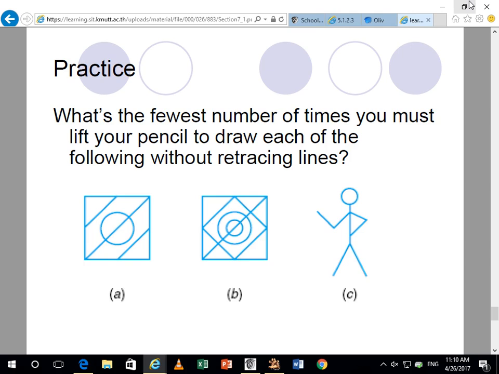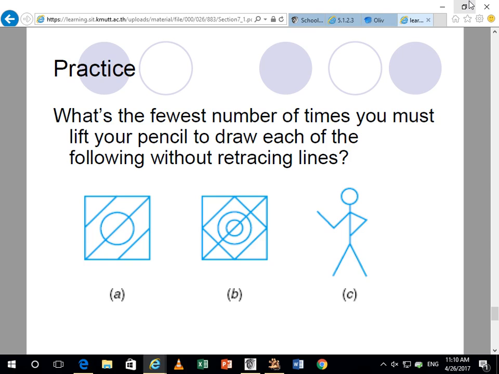Because I did a closed walk here. Then I remove my finger. Then I did this walk, remove my finger, this walk, remove my finger, and so on. So obviously this is not the fewest number of times. If you can do it without lifting your finger, that means 0 times.